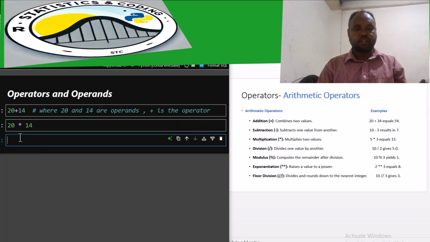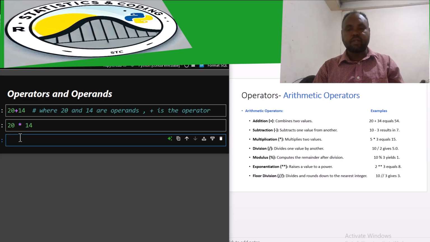The other one is modulus. Modulus computes the remainder after division, right? 4 modulus 3 is a modulus expression, which is expected to produce 1. This symbol is the operator in this context, and 4 and 3 are the operands.